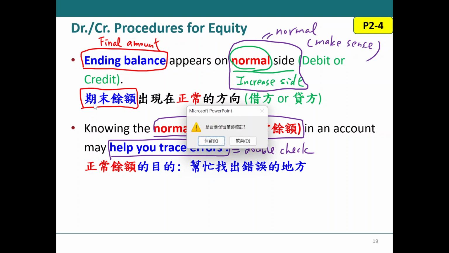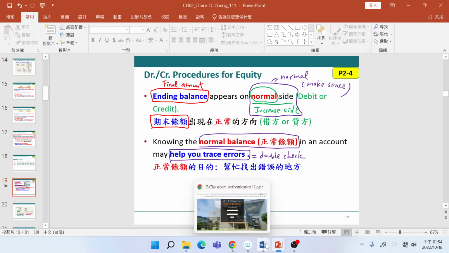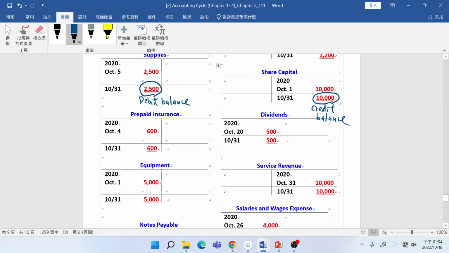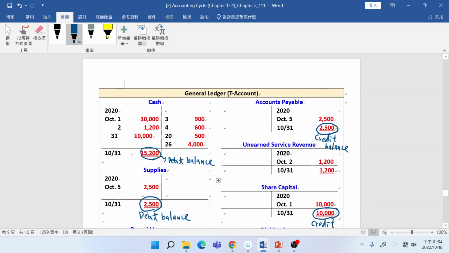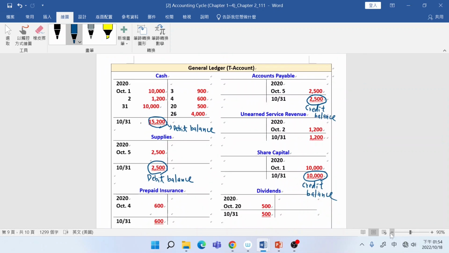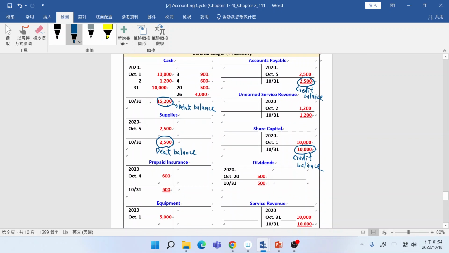So go to your note on page 9, the second book, T account. For each account, you got the balance, right? After you got the balance, please double check whether the final number is normal or abnormal. Okay? Double check it. If you are done already, then take a break.